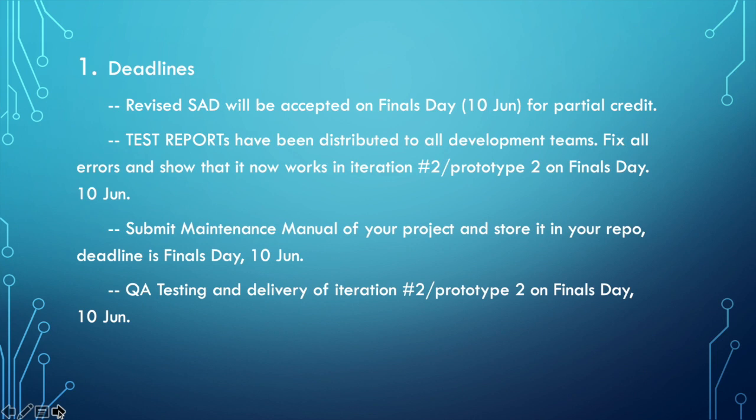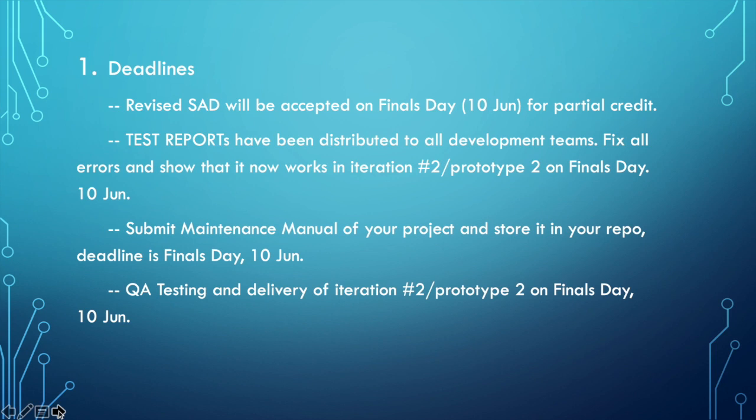The test report has been distributed to all of you development teams. So fix all the errors and show that it now works in iteration number 2 or prototype 2 on finals day. And here is the last requirement for the documentation.